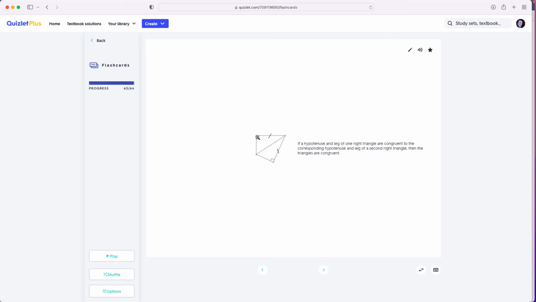They're both right. So it's 1, 2, 3 things congruent, because they share the hypotenuse. It's congruent to both of them. So they have to be congruent triangles. Right? Remember, any 3 things, if they are congruent to one another between 2 triangles, then the 2 triangles are exactly the same. They're congruent.